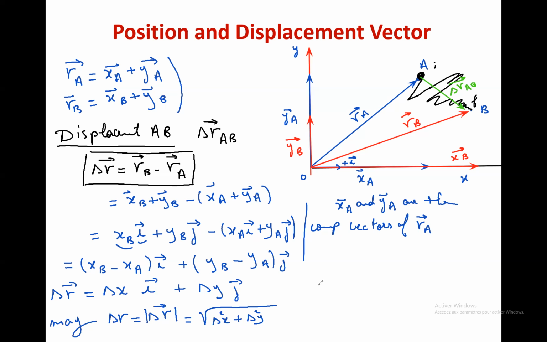The direction, as you see here, we have delta R AB is directed like this. What we can do here, we can put x-axis and y-axis on the tail of the vector.